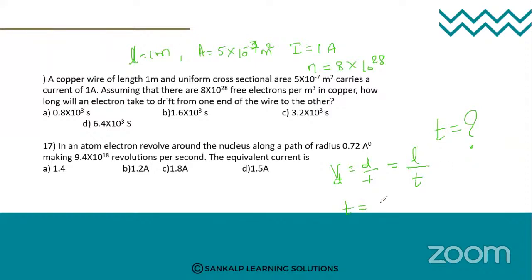Therefore, time is equal to length upon drift velocity. But the drift velocity value is not given. But we know from the current and drift velocity relation, I is equal to NEA VD. Therefore, VD is equal to I divided by NEA. So therefore, time is equal to L divided by VD.